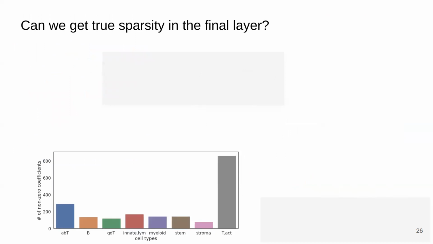Finally, the last question we ask is about our linear model. We initially compared with elastic net, which, on top of all the advantages I listed, also has the nice advantage of giving you sparse models. So we asked, can we get actual true sparsity in the final layer of our neural network model?